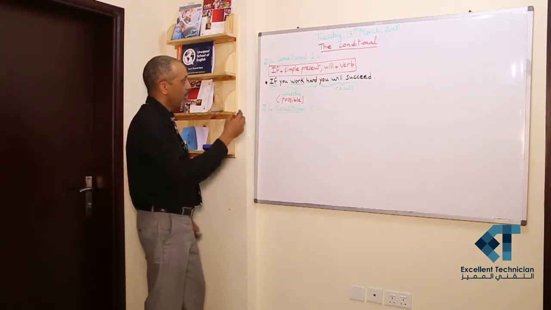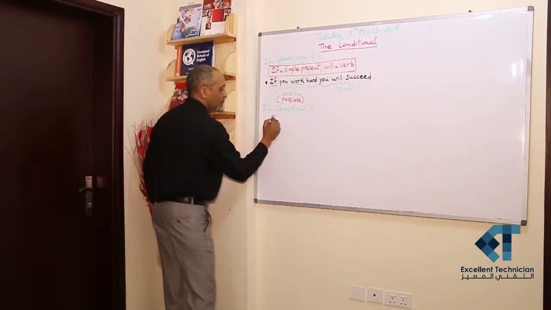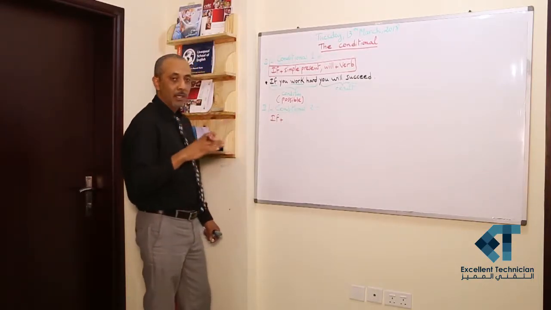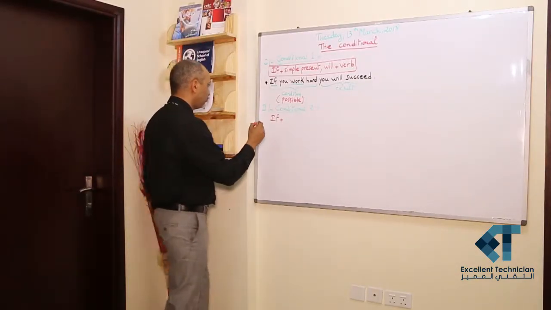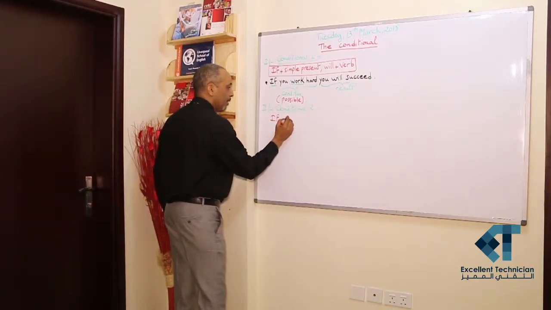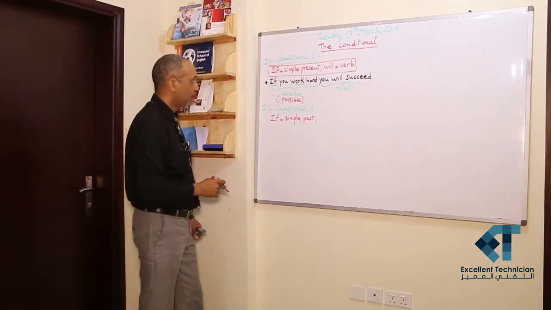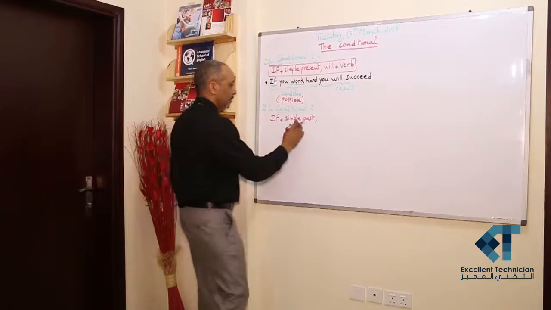There's a little change also in the rule, but of course we must use if. So we have if plus simple past. This is the condition. If plus simple past.